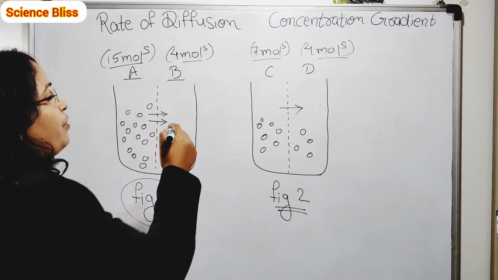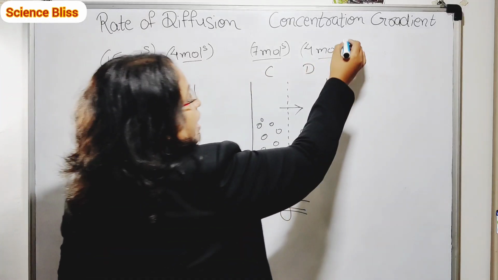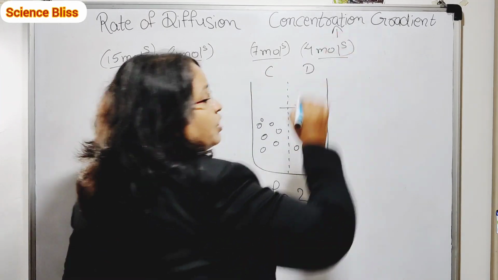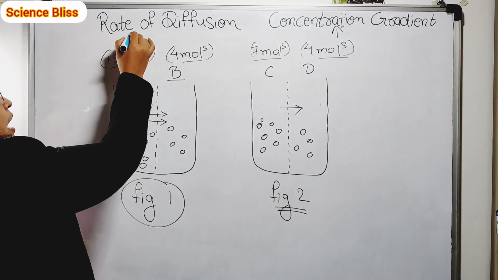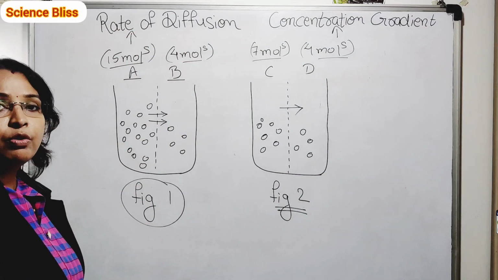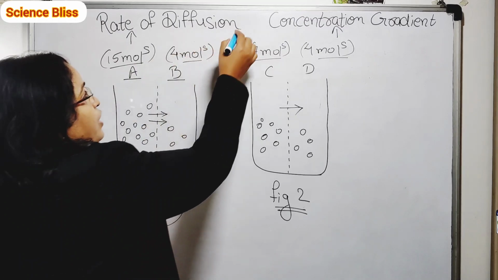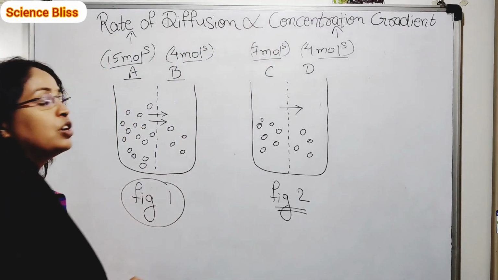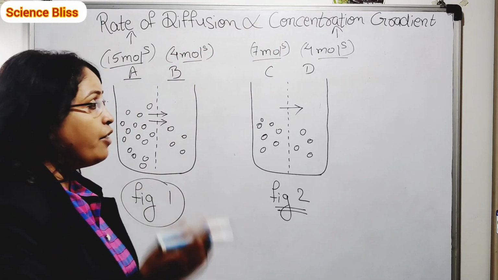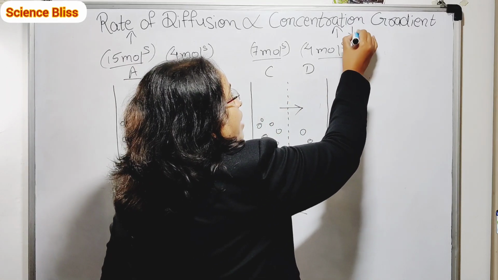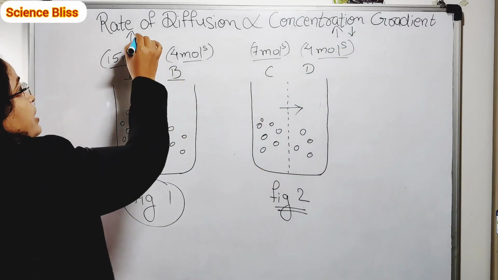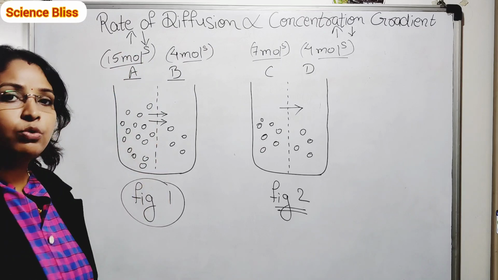So if we increase the concentration gradient, there will be an increase in rate of diffusion. Therefore, we can say that rate of diffusion is directly proportional to the concentration gradient. If we decrease the concentration gradient, there will be a decrease in rate of diffusion.